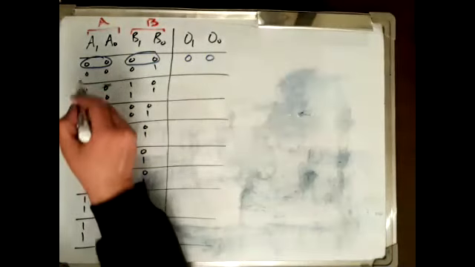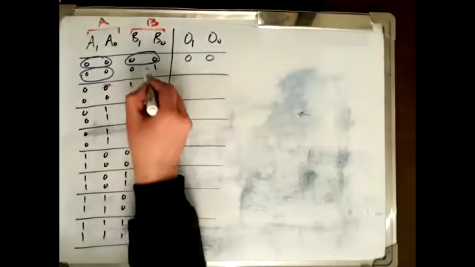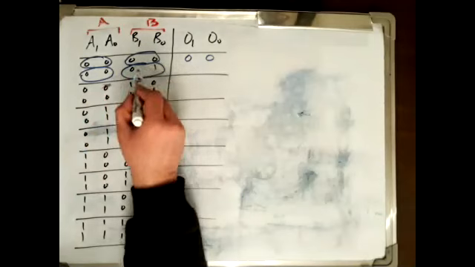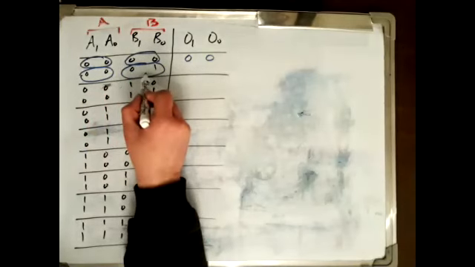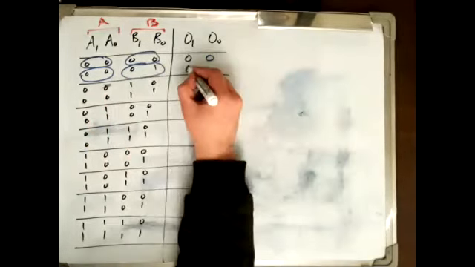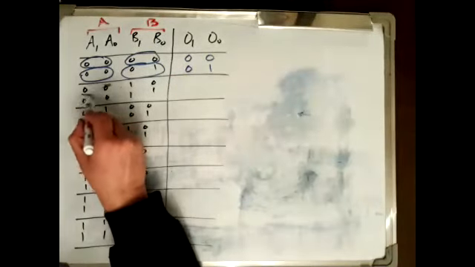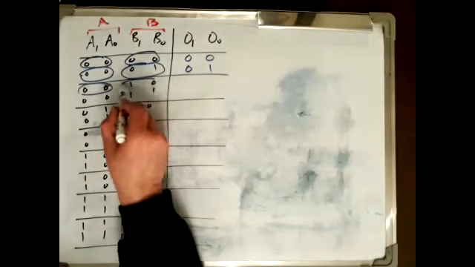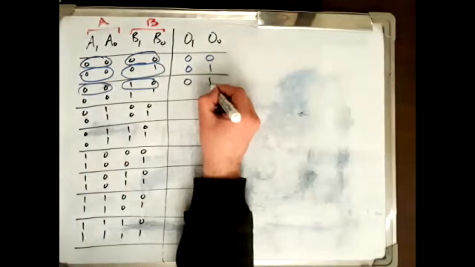Here we compare A with B, and A is less than B. If A is less than B, the output should be 0, 1. A is 0, B is 1, 0. In decimal, A is 0, B is 2. Still A is less than B, so it is 0, 1.